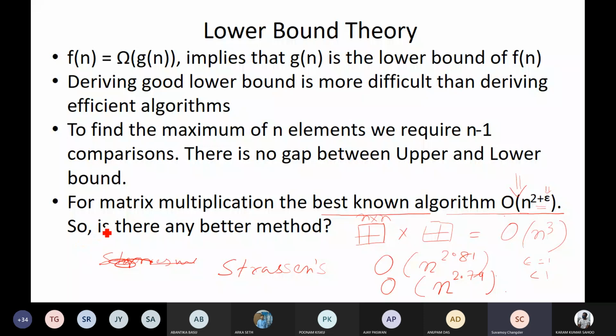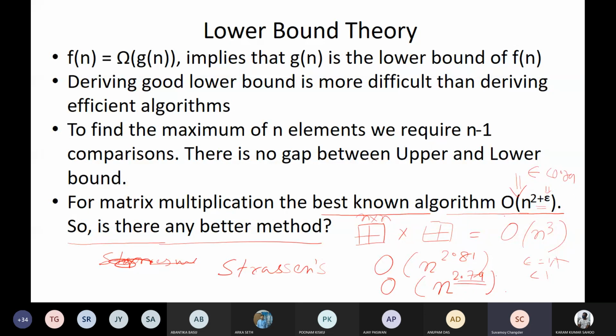So always we have a query: is there any better method? That's why we always try to find an algorithm to multiply two matrices where the time complexity is order of n to the power 2 plus epsilon, where epsilon is less than 0.79.